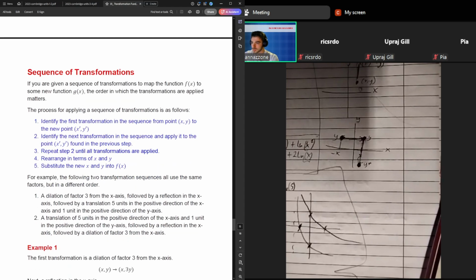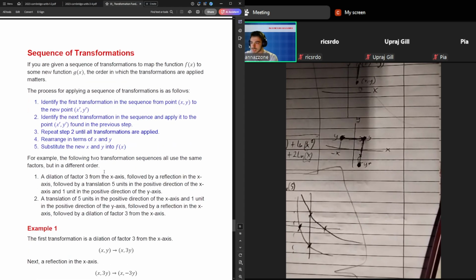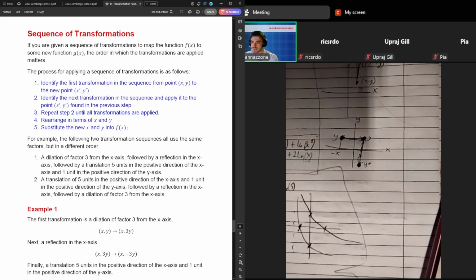Okay, those are all the individual transformations. Now you'll see why, or at least I hope you see, why following a point form approach will be a little bit better than just trying to sub directly into the function, at least in this case. The key thing to watch out for here is that the order in which you do your transformations matters a lot.